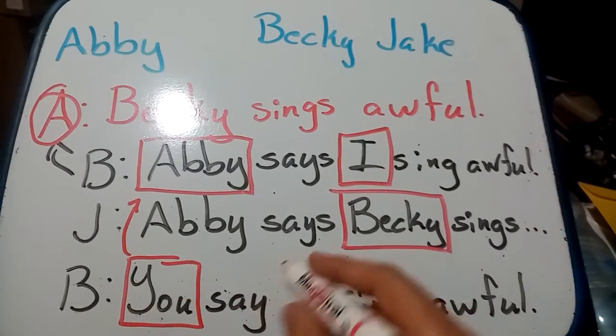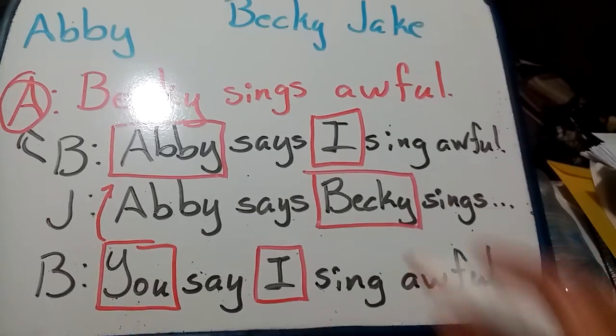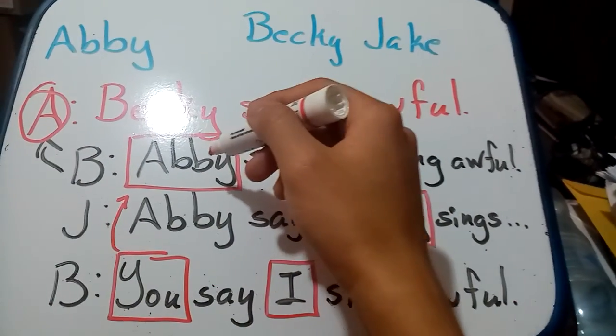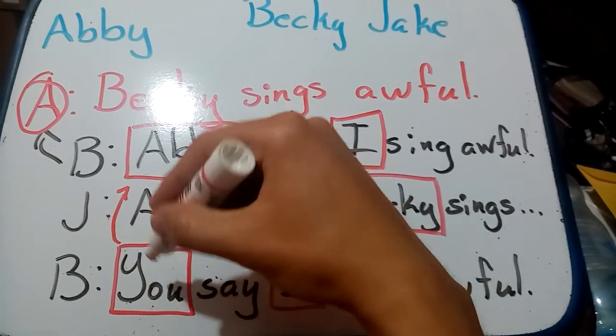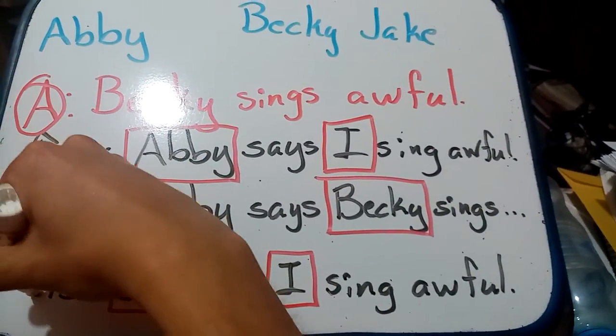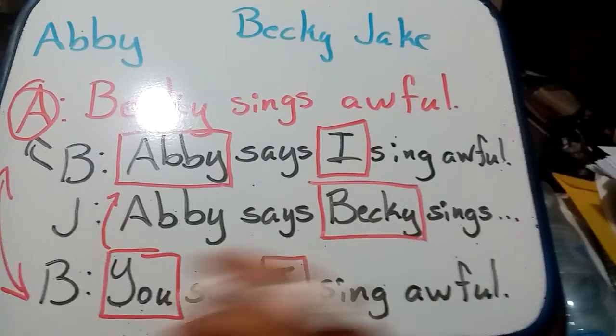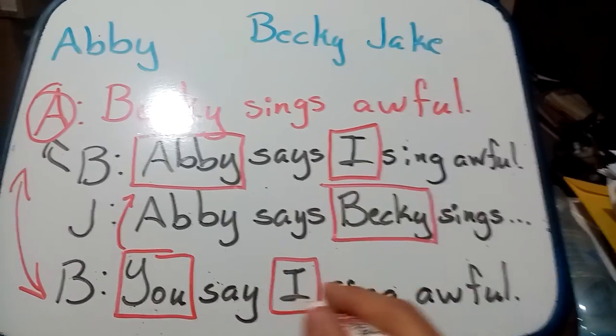So you say I think of. Okay, so you can see that first I have Abby, but here you. This you is telling me that Becky and Abby are talking to each other. Well, at least Becky in this case is speaking with Abby.